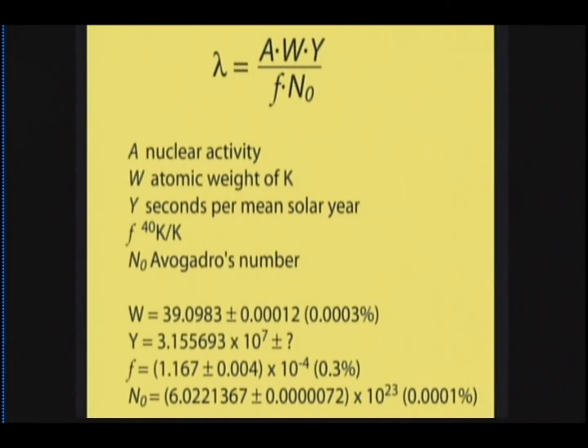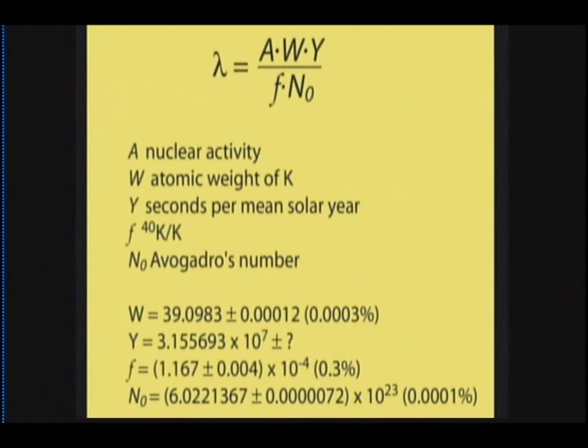And so this is the formula. So it's the nuclear activity, which is the disintegration rate, and then the atomic weight of potassium, the number of seconds per mean solar year if the nuclear activity data is in terms of disintegrations per second, which is typically the case.